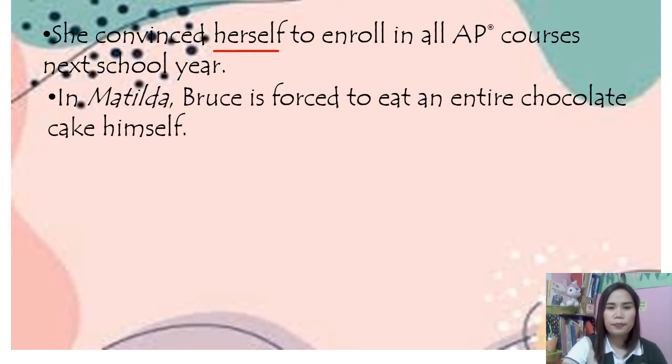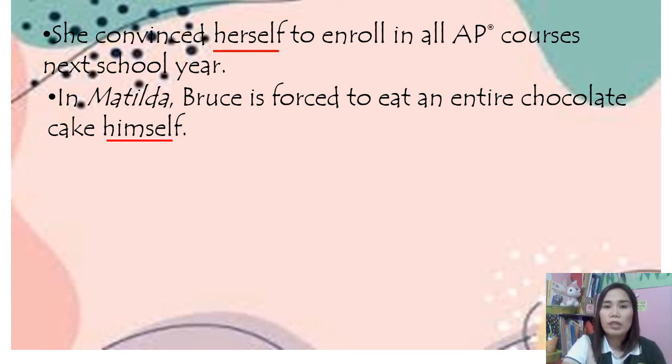Next, we have, in Matilda, Bruce is forced to eat an entire chocolate cake himself. Okay, so our pronoun here is himself, and our subject is Bruce. Bruce is forced to what? So you cannot say himself, but the answer is to eat.